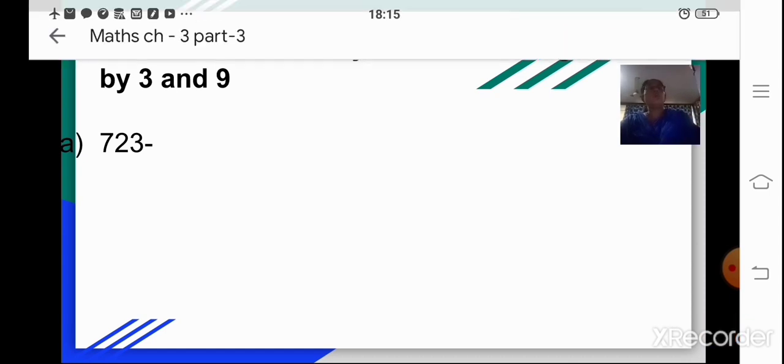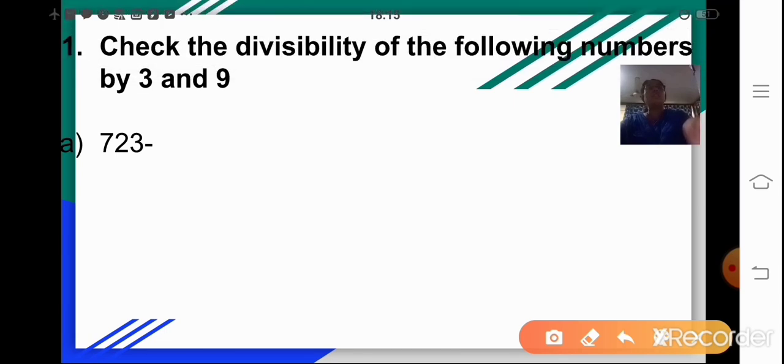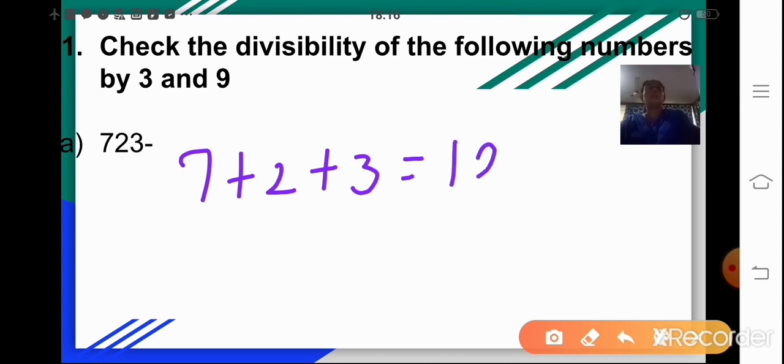what we are going to do is, the rule for divisibility of 3 says that 7 plus 2 plus 3, 7 plus 2 is 9, 9 plus 3 is 12. Now 12 is easily divisible by 3, that is 3 fours are 12, whereas 12 is not divisible by 9.